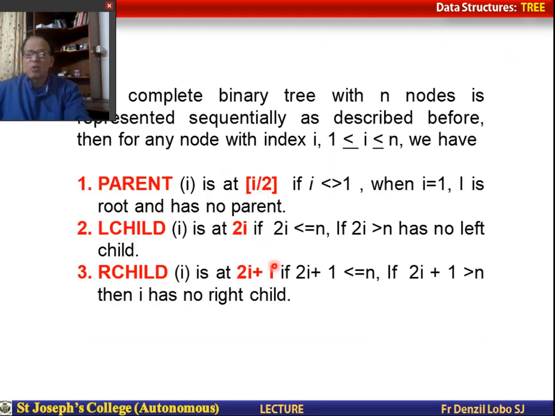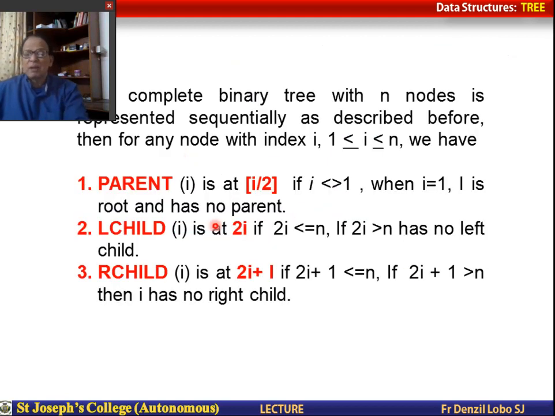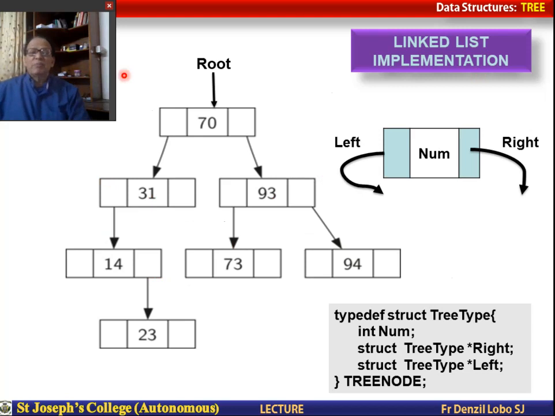As you see there, it is 2i plus 1. So 2 into 4 plus 1 is 9. Here 3 into 2 is 6 plus 1 is 7. So this is how we get the indices of either the parent node or the left child or the right child. So this is how we implement the tree data structure using an array. Now we come to linked list implementation.